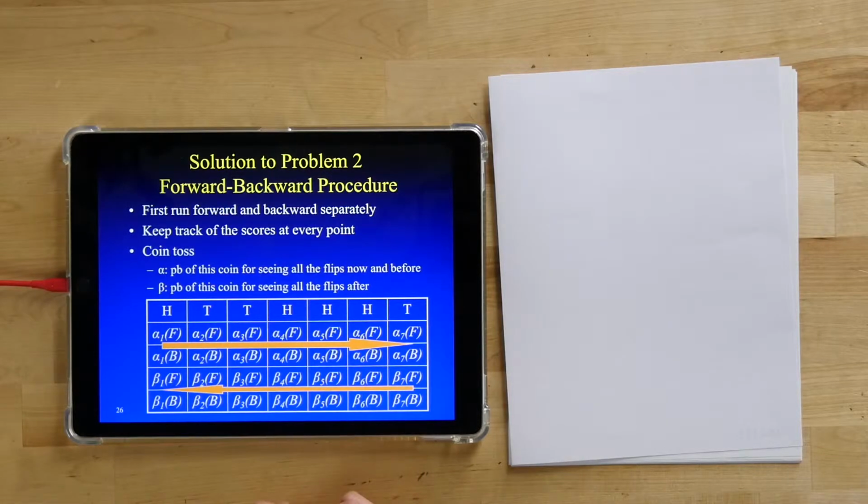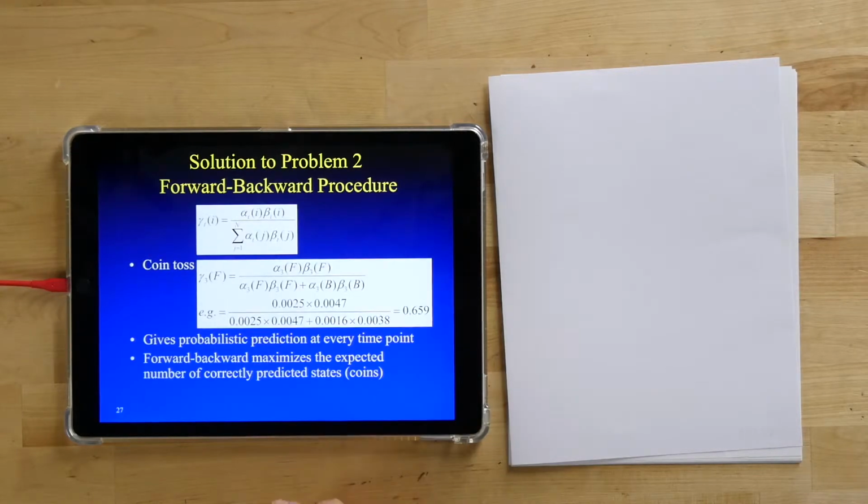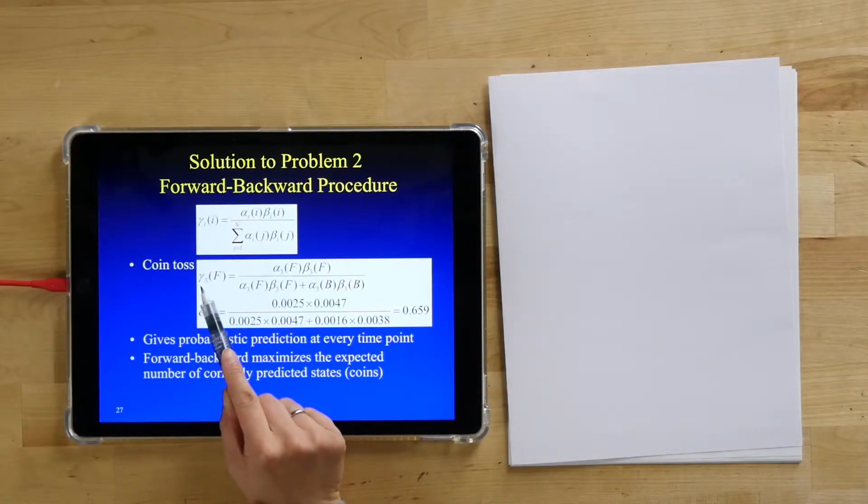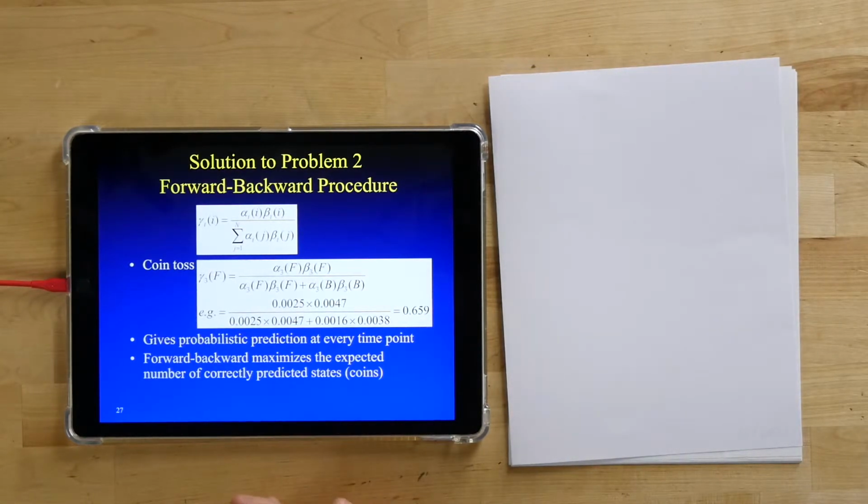And so now, can we try to guess what is the hidden state, say at this location or at that location? The forward-backward procedure works like this. So instead of calculating an alpha and beta, we now at each location calculate a gamma number.